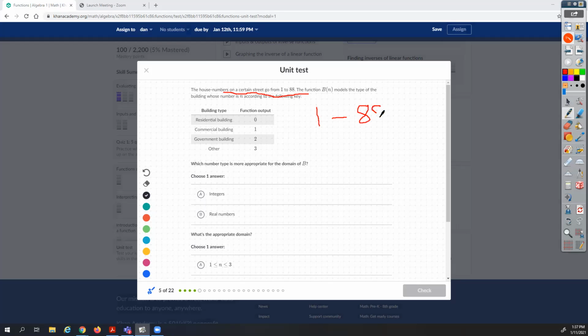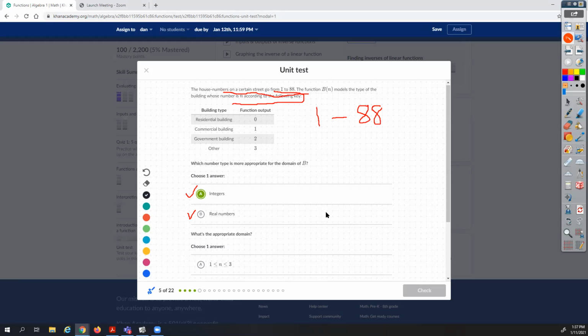So we think about integers and we think about real numbers. Real numbers can consist of fractions and decimals. You're not gonna see decimals on a house number. You're gonna see just actual numbers. So it makes more sense for it to be integers.